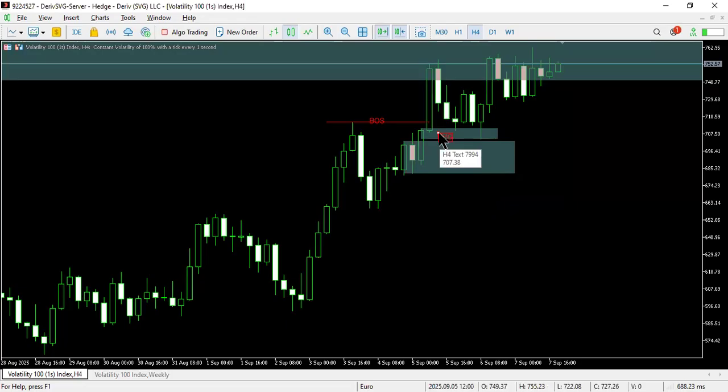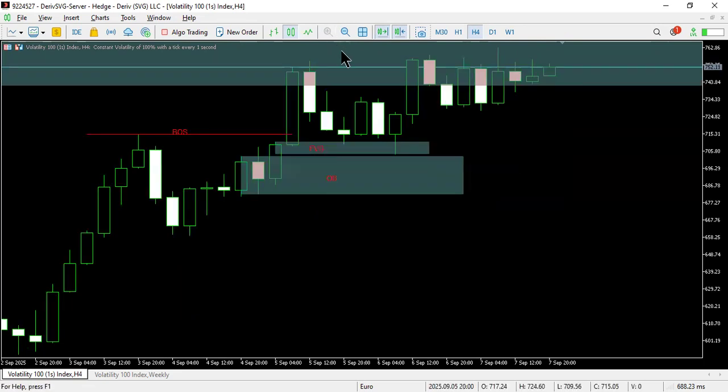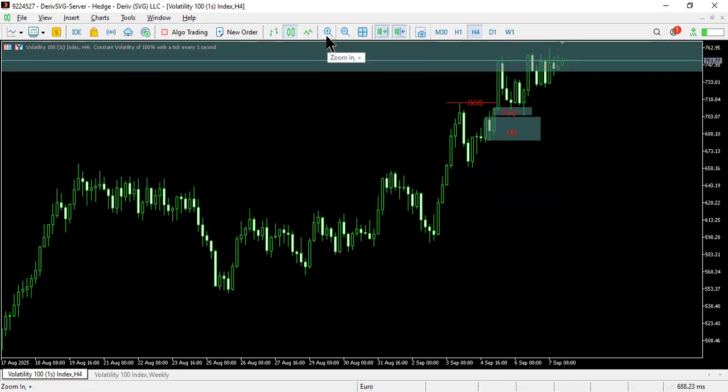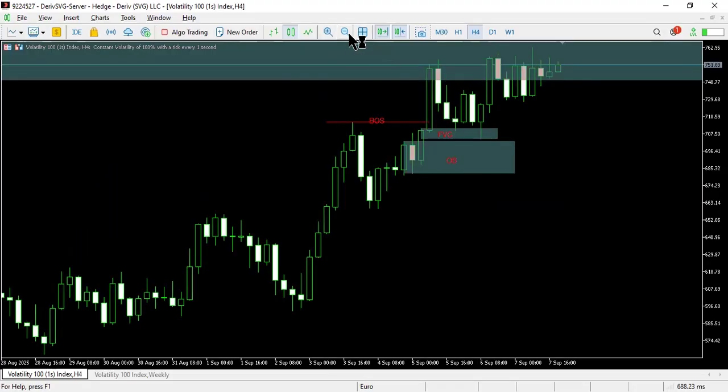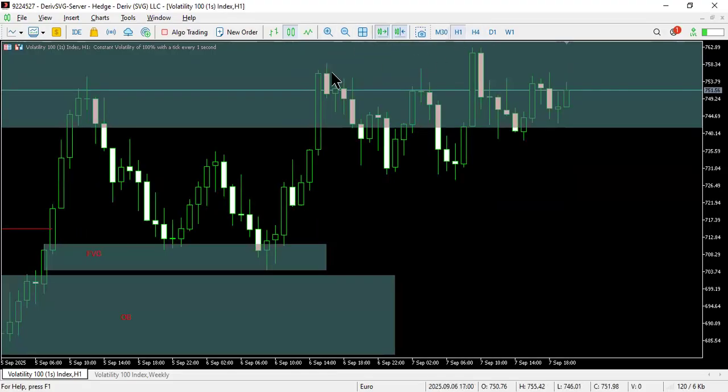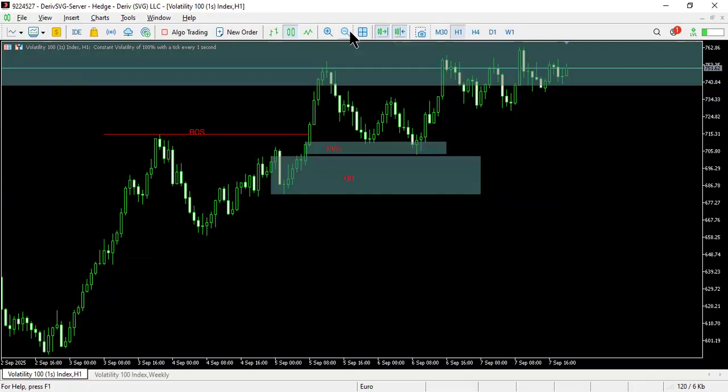As we can see, price is still breaking structures to the upside. We go to the 1 hour, that's what we have.